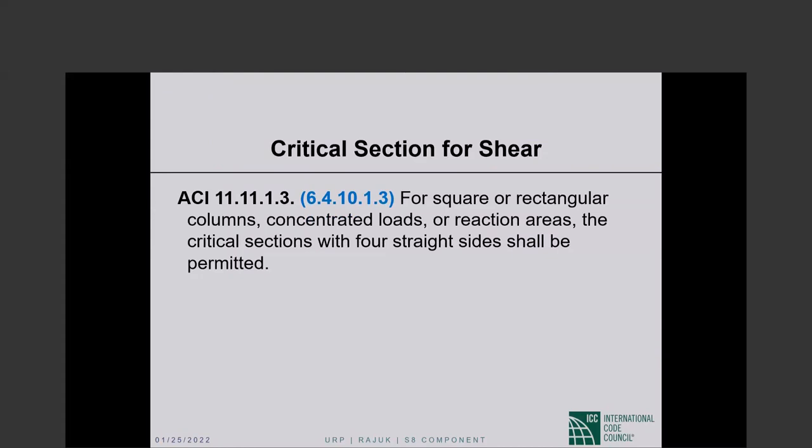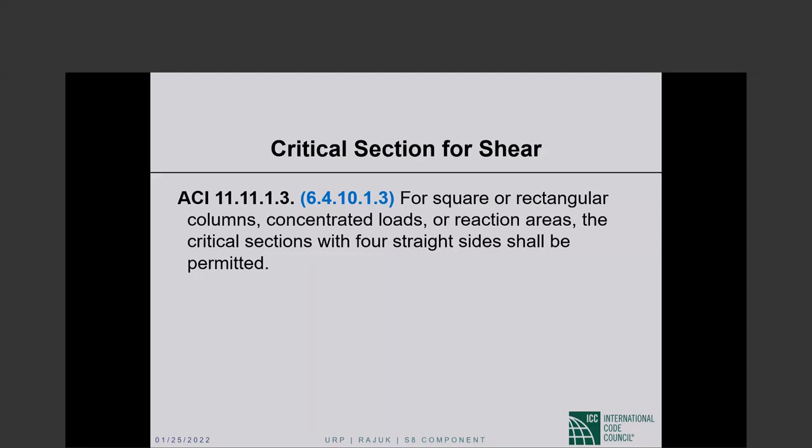So nobody is saying that that's what you have to do, four faces parallel, because remember, the exact language is b sub 0 shall be minimum and shall not approach closer than d over 2 to the column or reaction area.